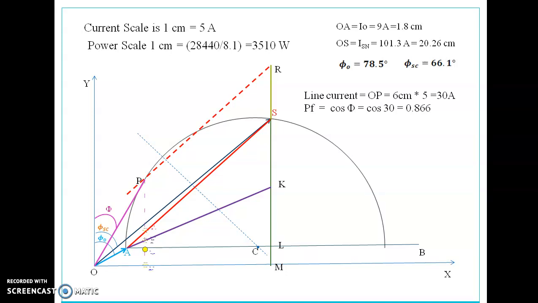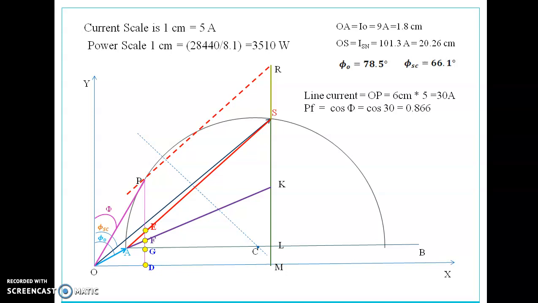So, draw a line PD from the point P, which meets the output line at E, the torque line at F, and AB at G. Here again, GD will give you the constant loss. FG will be the stator copper loss. EF will be the rotor copper loss.